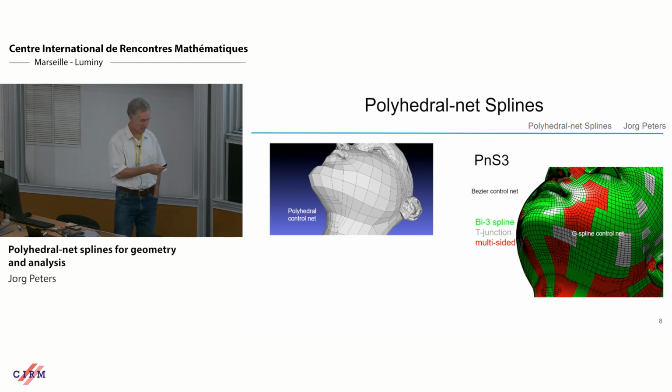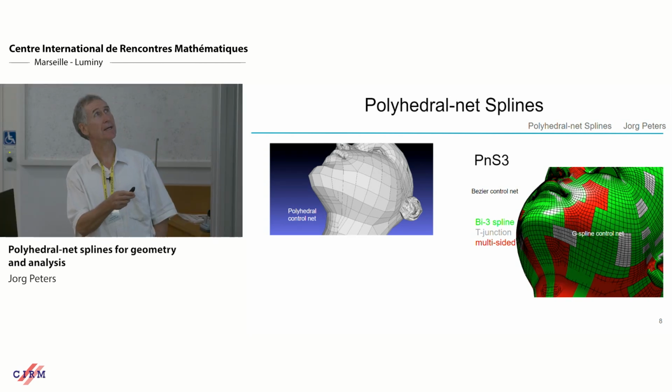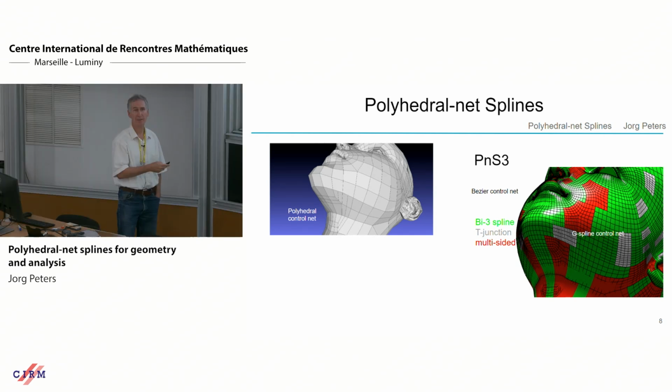And so here's what you do again. You look at this as your control net, now no longer just a grid. The original B-spline tensor product had just a grid. Now instead you can have this polyhedral mesh, polyhedral net. And here's the Bernstein-Bezier form of that, but automatically put together. So just like you can convert from the B-spline to the Bernstein-Bezier form, piece by piece, this here is one spline that has as its control net this here.